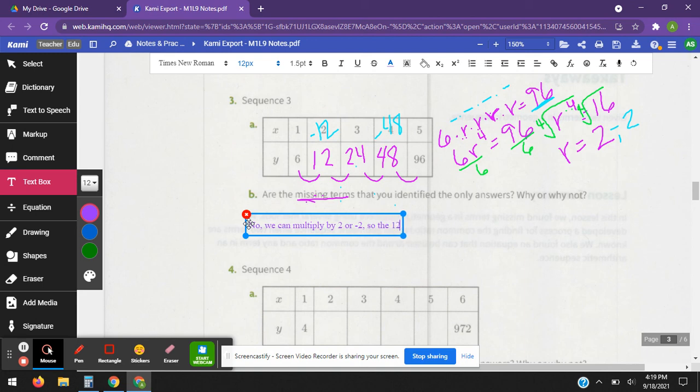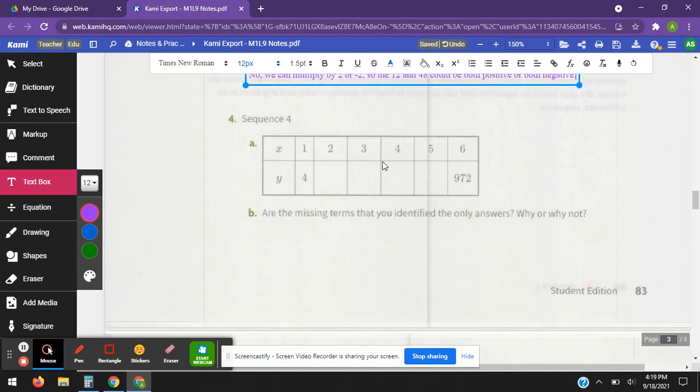So the 12 and 48 could be both positive or both negative, right? Can't be one or the other. If we multiply by the negatives, they're both negative. If we multiply by the positives, they're both positive. All right, 4.